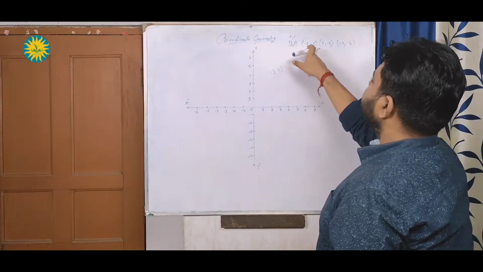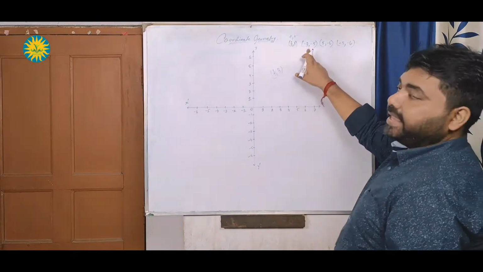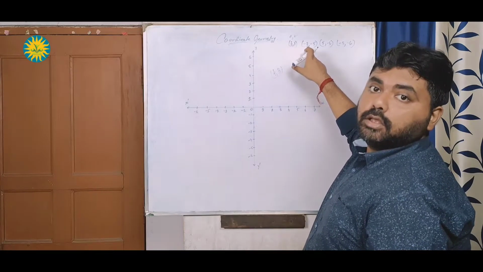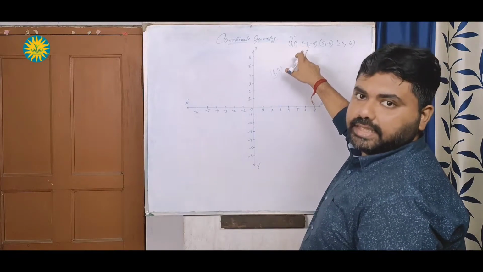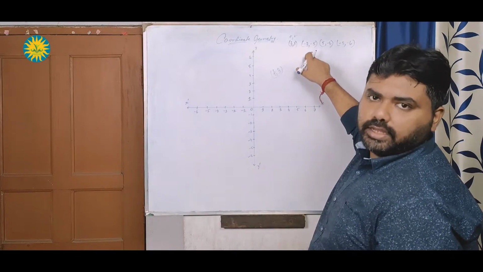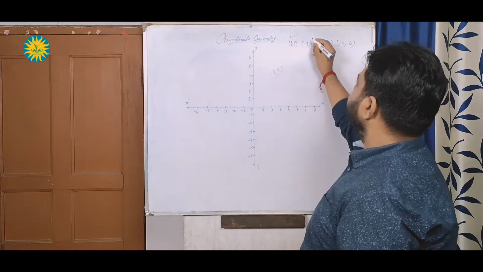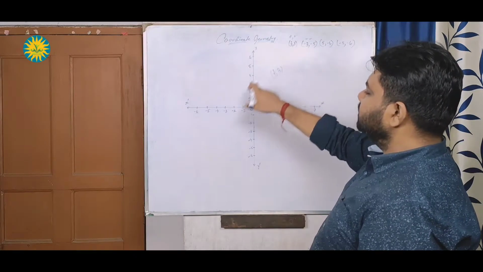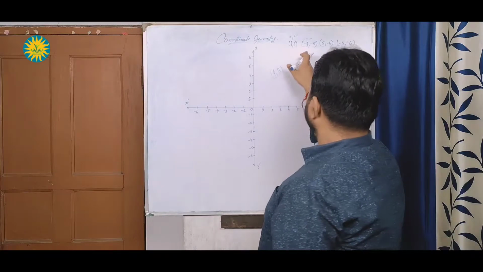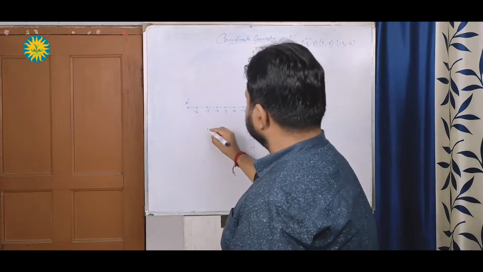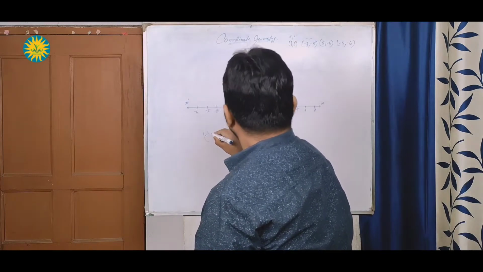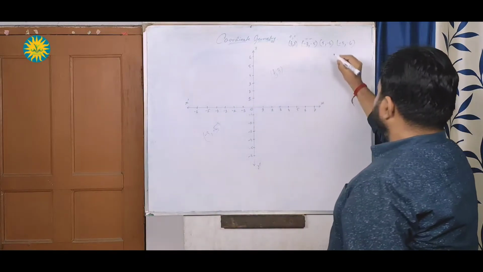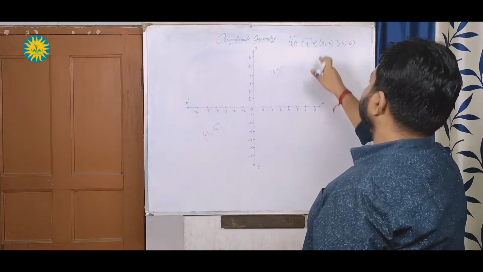Then minus 3 comma minus 5, that is the x coordinate is negative and the y coordinate is also negative, that is the negative negative quadrant, that is minus minus quadrant. Minus minus quadrant means the third quadrant. So the point minus 3 comma minus 5 lies in the third quadrant. Now the third one, that is 5 comma minus 6.